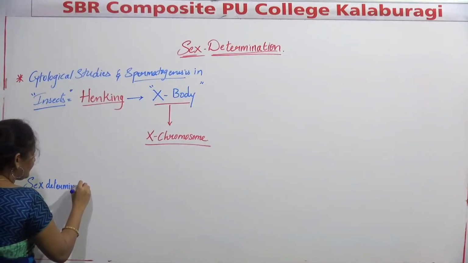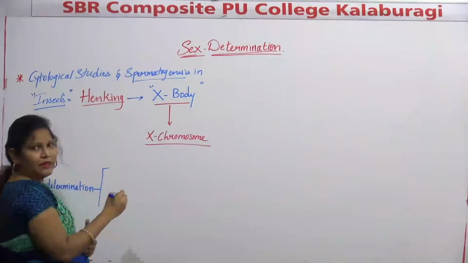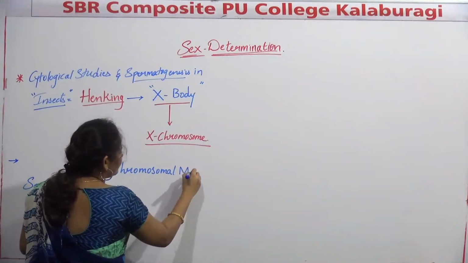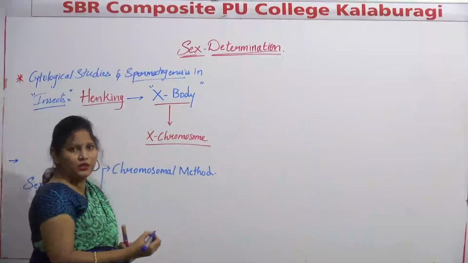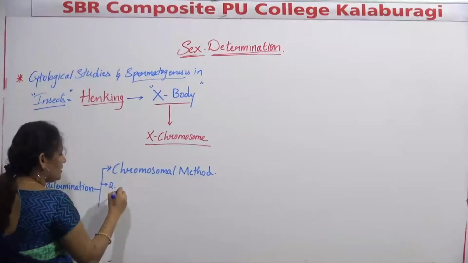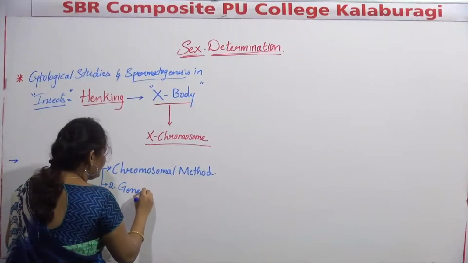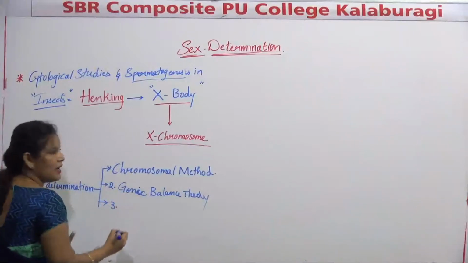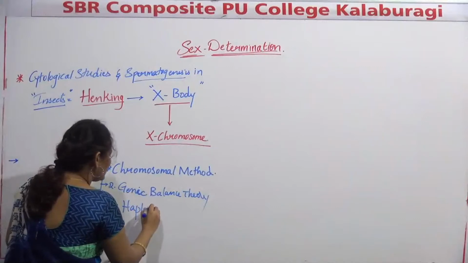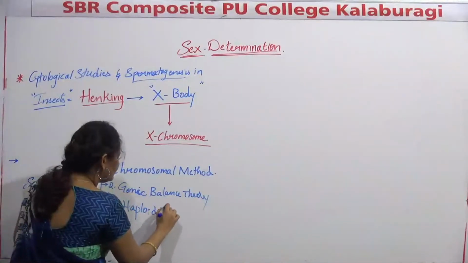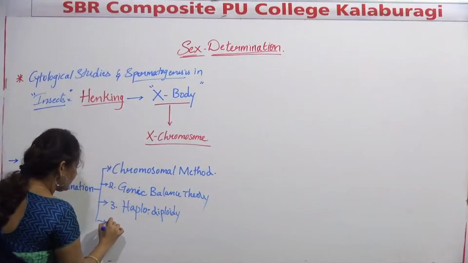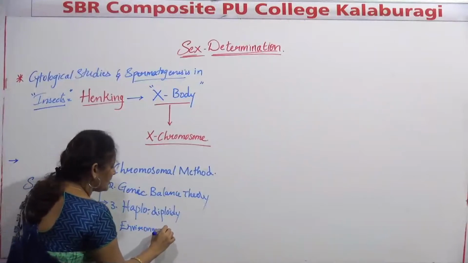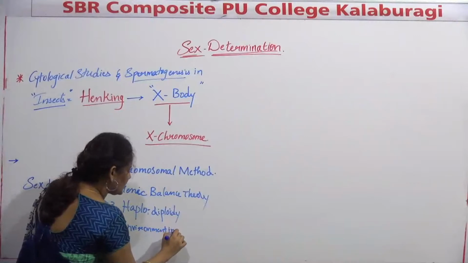It can be the chromosomal method, the second method is the genic balance theory, the third is haplodiploidy, and the fourth is the environment influenced sex determination.